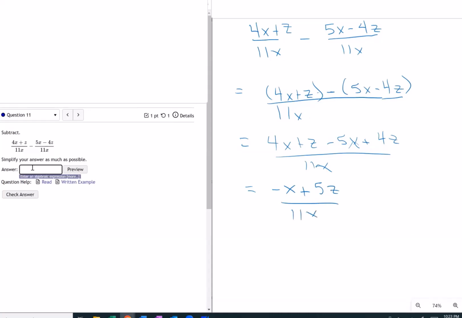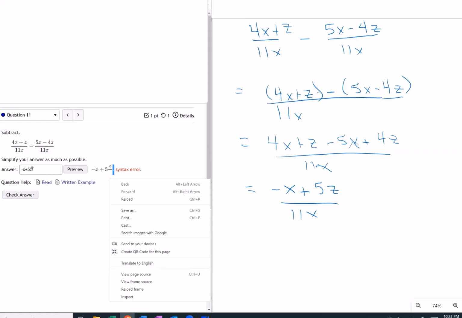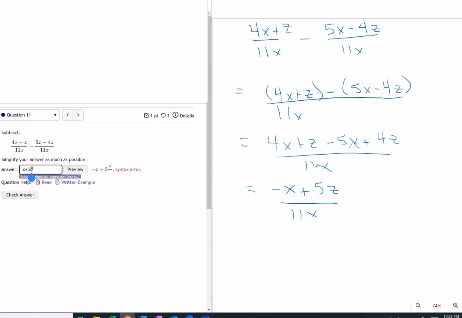If you don't put parentheses, watch what happens. You have minus x plus 5z divided by, over here, look at the 5z. It's not going to be right, is it? That's because I didn't put my parentheses.